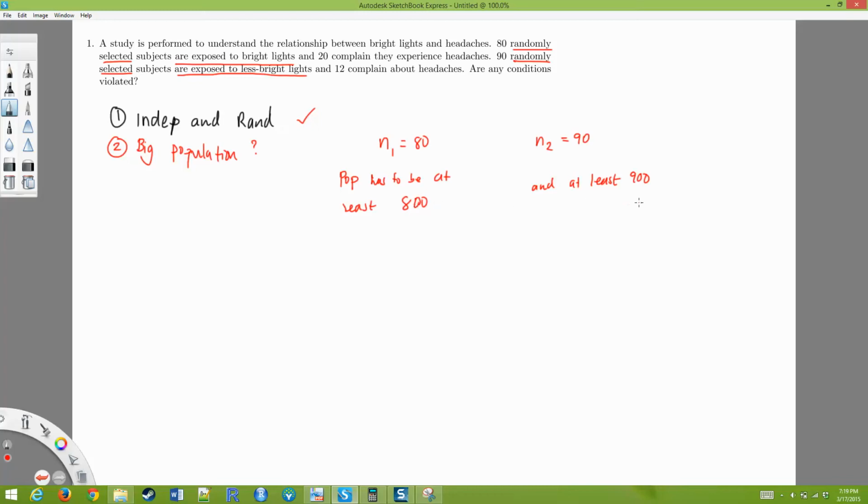Yes. Are there more than 900 people who could be exposed to less bright lights? Yes. So this condition is met. Population is everyone who might be exposed to lights.